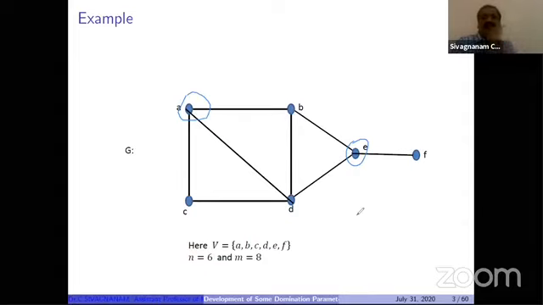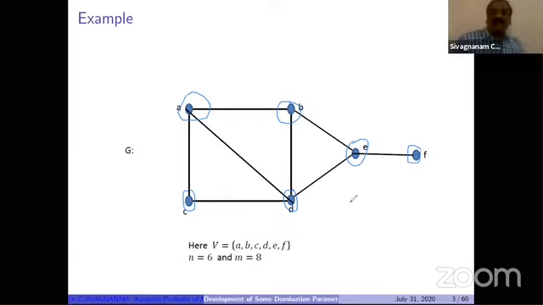N(A) means the set of vertices which have neighbors in A. You have to see this vertex C; it is available in N(A) because it is adjacent to A. This vertex D is available in N(A) because it is adjacent to A and E, and this vertex B is also available in N(A). So the remaining vertices, V minus A, are all available in N(A) here.